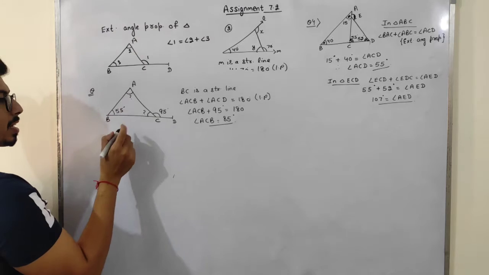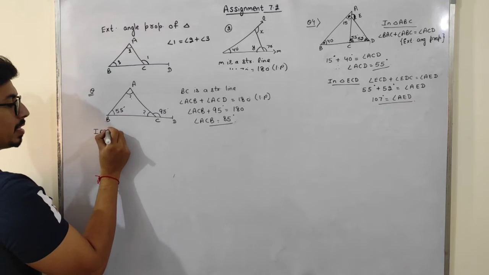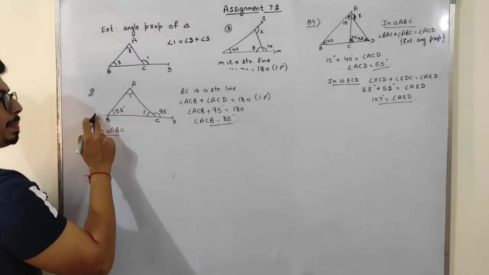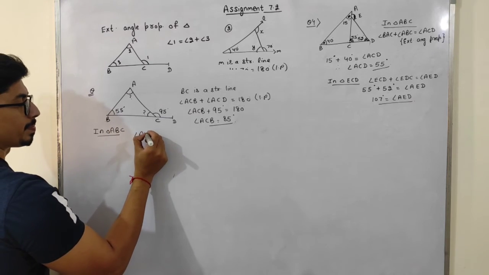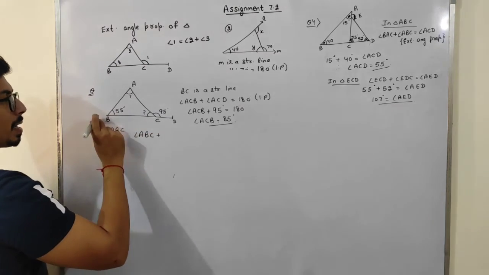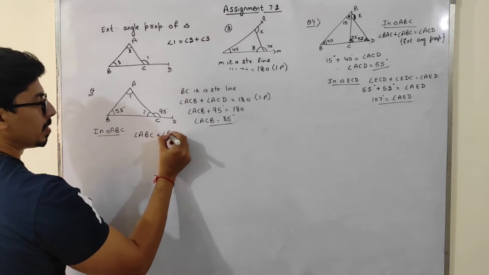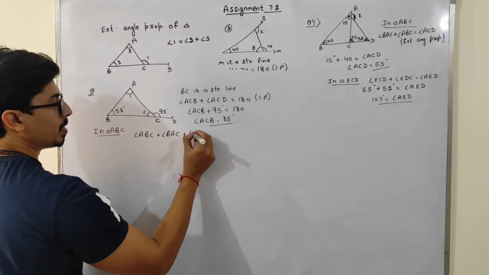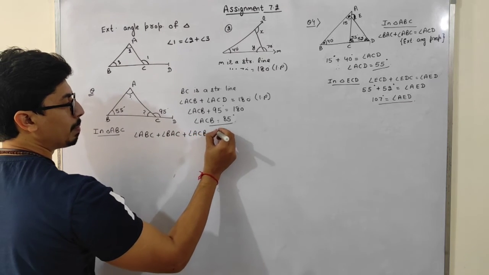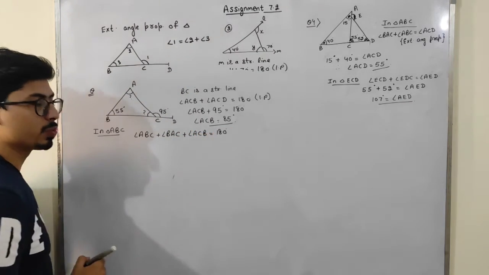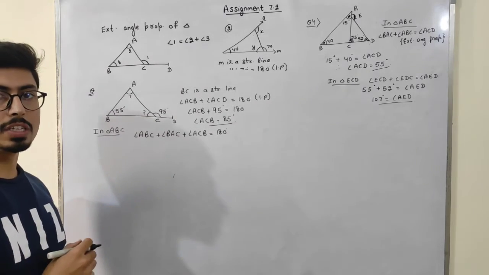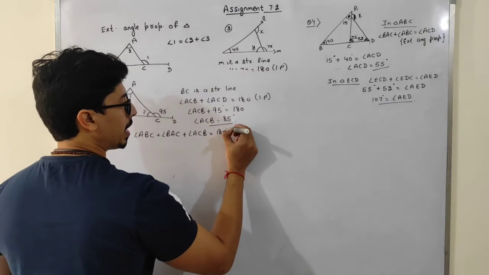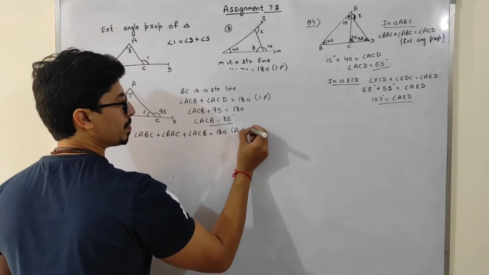Now we have to find this angle. Now in triangle ABC, angle ABC plus angle BAC plus angle ACB. The sum of all the angles of the triangle is 180 degree because of the angle sum property of triangle.